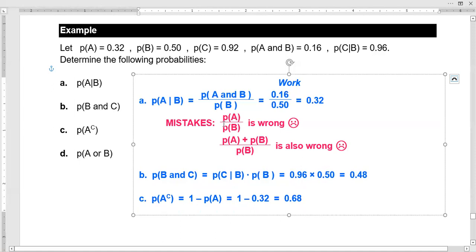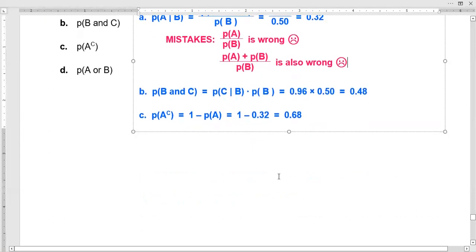You can sometimes get a probability bigger than 1 if you use this formula, depending on how A and B are related. So just be careful, make sure you don't make mistakes like these.